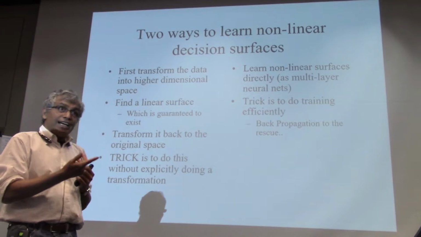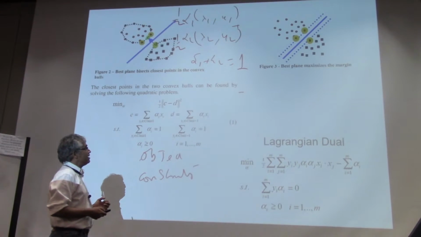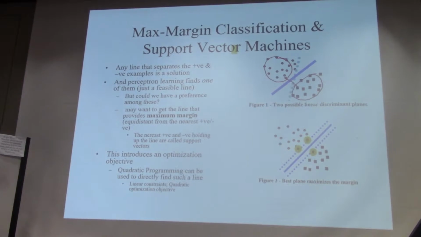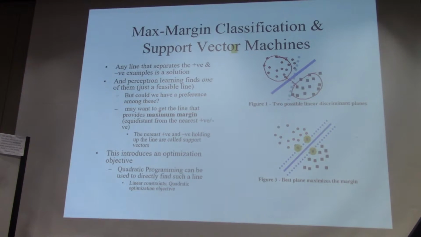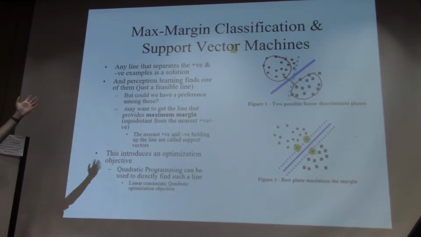Now, we did talk about the fact, so for example, maybe I should ask you this, but think about this: could I have solved the XOR problem with the support vector machine? How many of you really understand why it is no? Okay, if you understand, because it's a line.